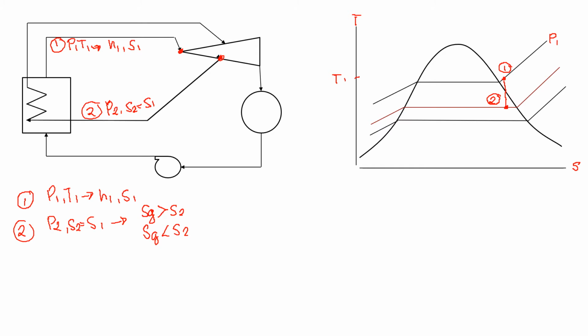In this illustration, Sg is greater than S2, such that S2, which is equal to S1, is equal to Sf2 at pressure 2 plus X2 times Sfg at pressure 2. So we can find the value of X2.